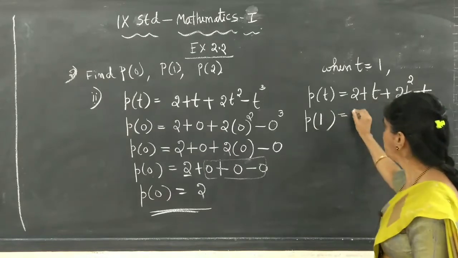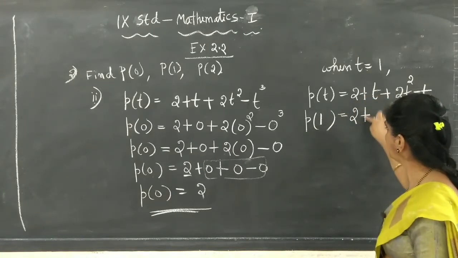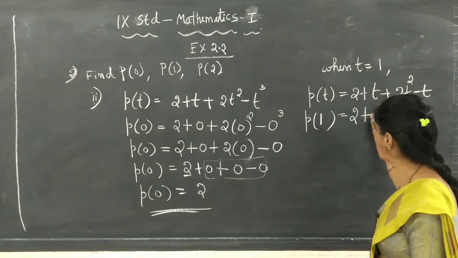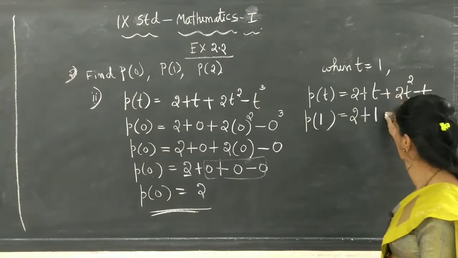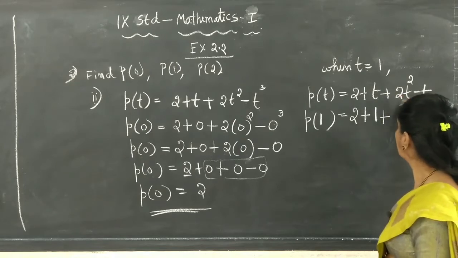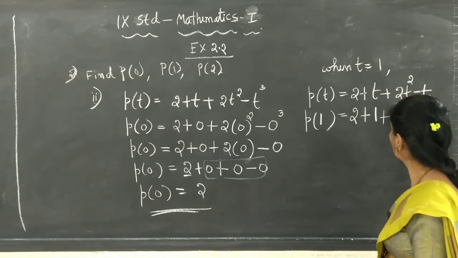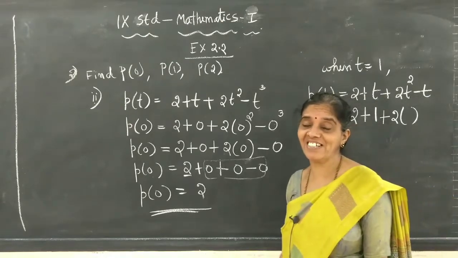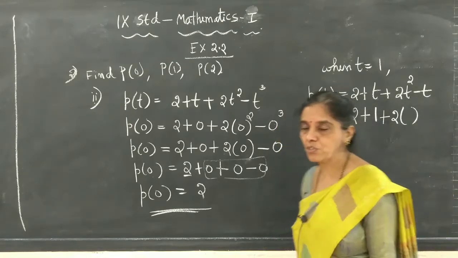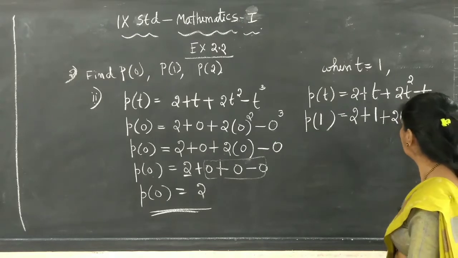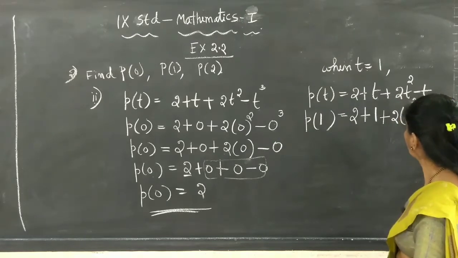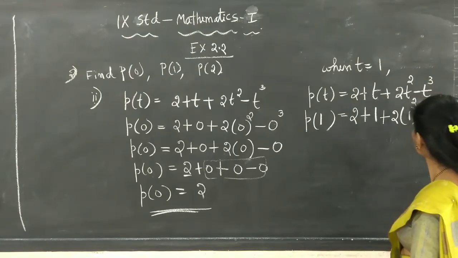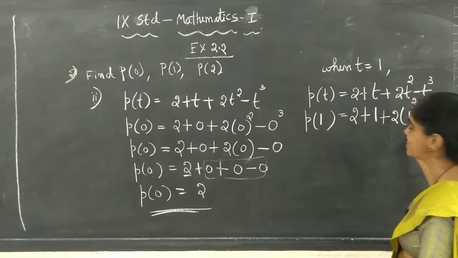Now 2, write as it is, plus sign, then t is equal to 1, so in place of t write 1, then again plus sign, then 2 into t square, which is 1 square, minus this t cube, children, so it is 1 cube because t is 1.